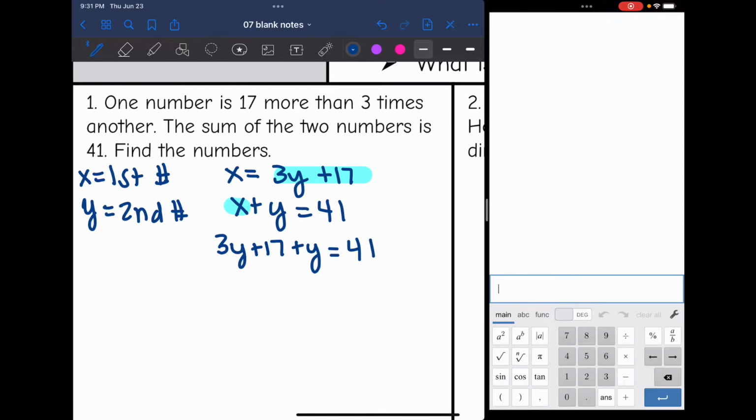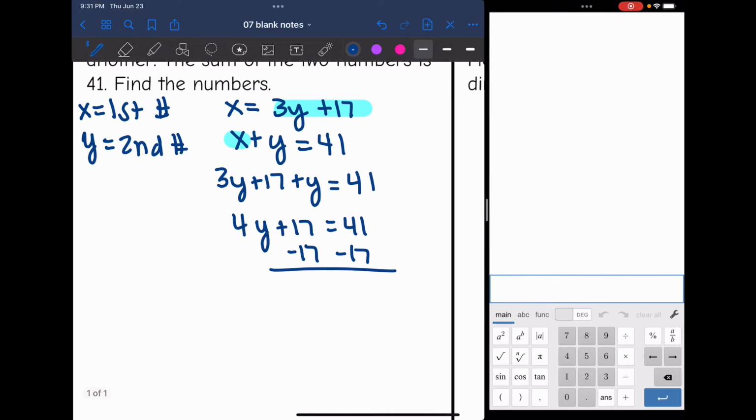And now I'm going to solve this by combining like terms, and I get 4y plus 17 equals 41. I'm going to subtract 17, and 41 minus 17 is 24, so I get 4y equals 24. And then I would divide by 4, and I get that y equals 6.